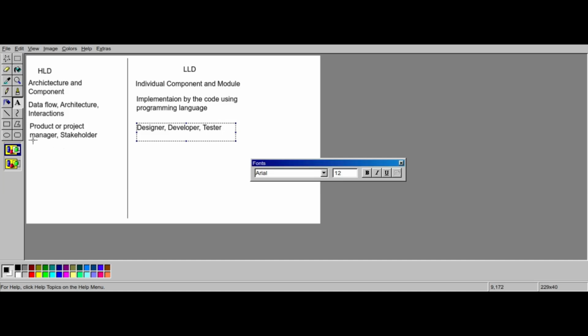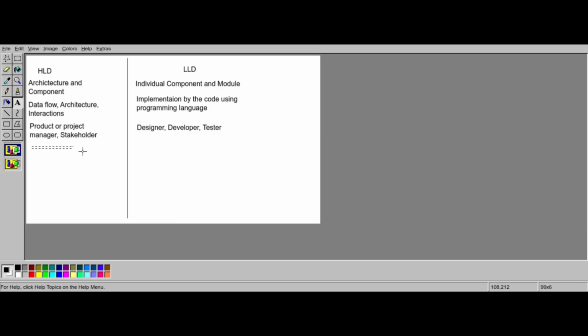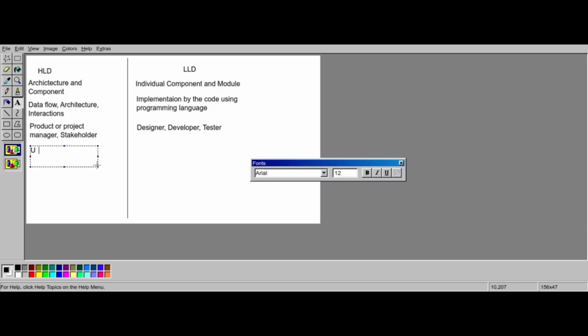So for example, high level design includes user management, payment, authentication, and a data flow chart.